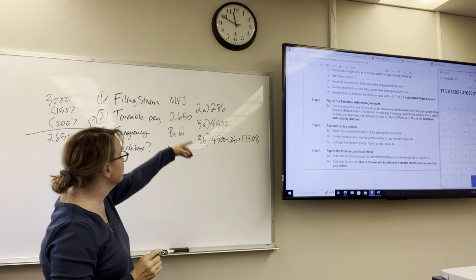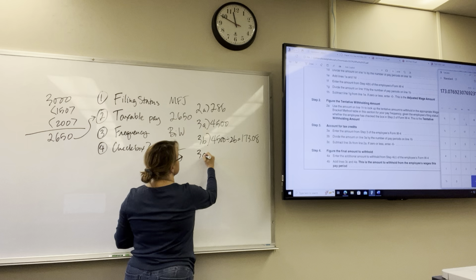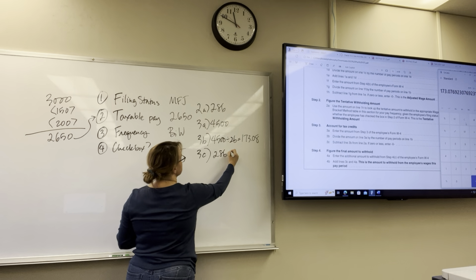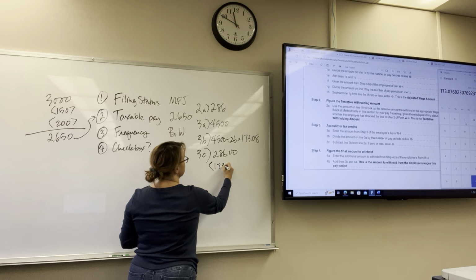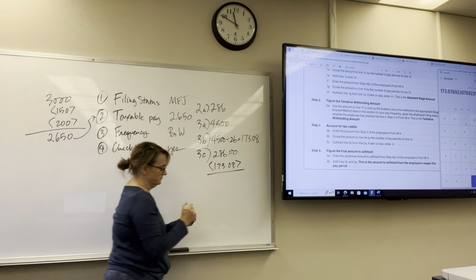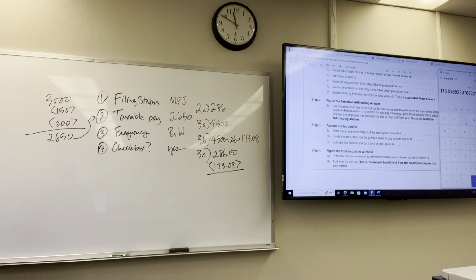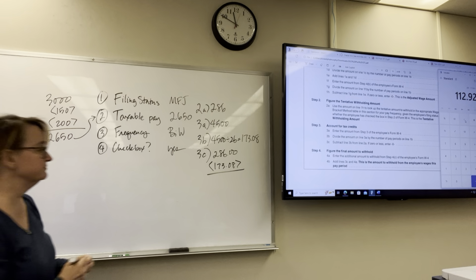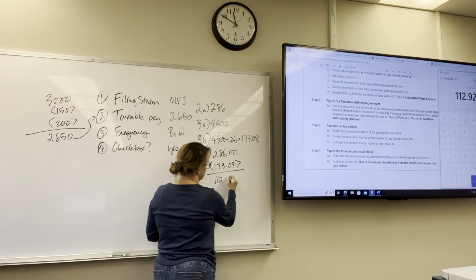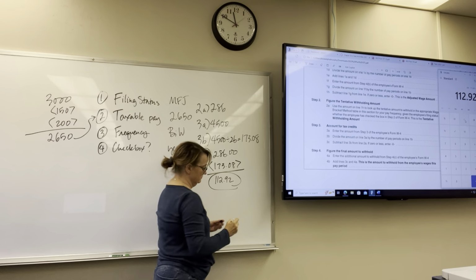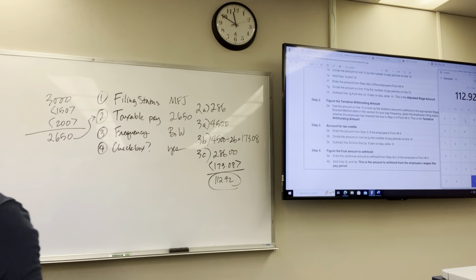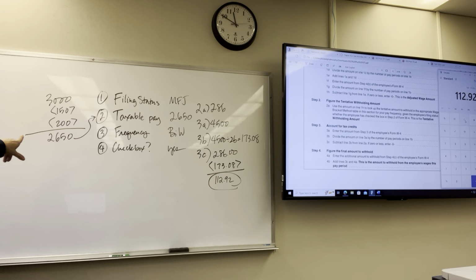Subtract line 3B from line 2A. So 286 minus 173.08 is $112.92. So with the adjustment of those amounts on step 3 included, her withholding is going to be $112.92.